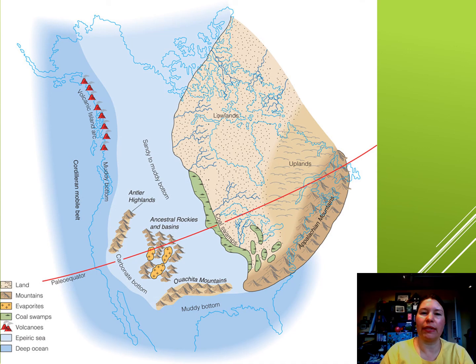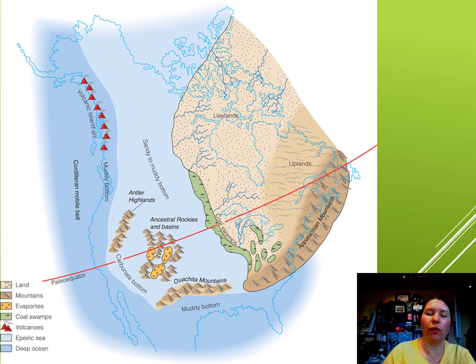So what's happening during that time is the lowermost sediments of the Absaroka sequence are confined to the margins of the cratons. That means the edges here, where we have some of the oldest sediments going on. They're going to be thickest in the east and in the southeast, right as the Appalachians are rising and the Ouachita Mountains are rising as well.